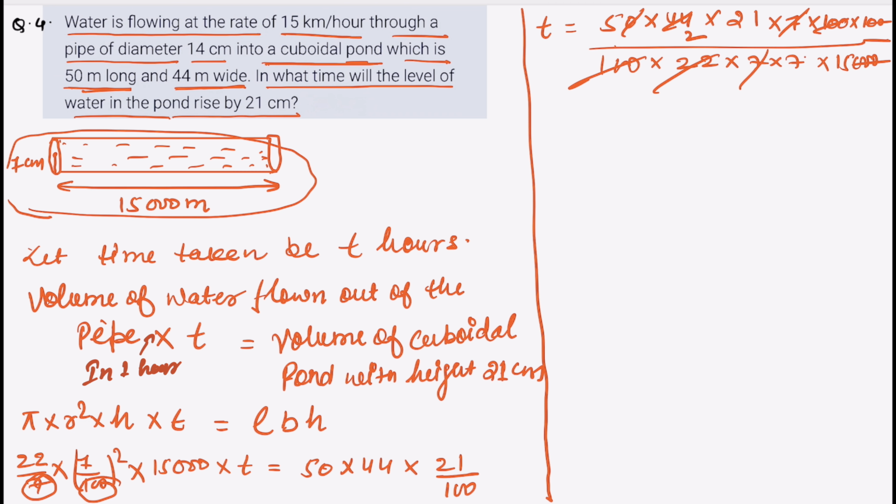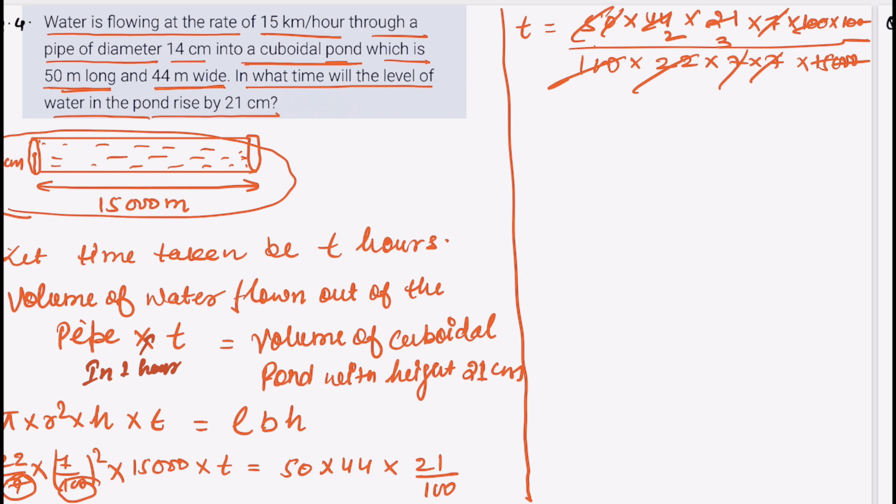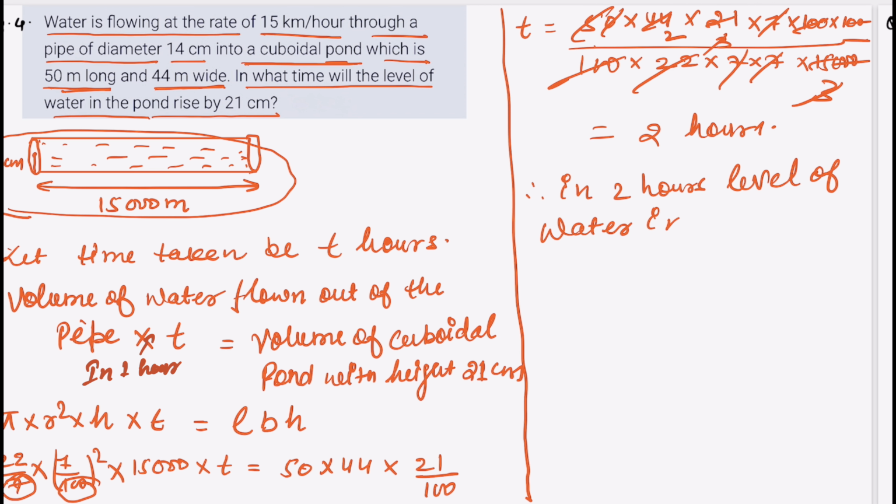And from here 7 will be cancelled by 7 three times, and 5 threes are 15 and 3 threes are 9, that is 2 hours. So therefore, in 2 hours the level of water in the pond rises by 21 centimeters. This is the answer.